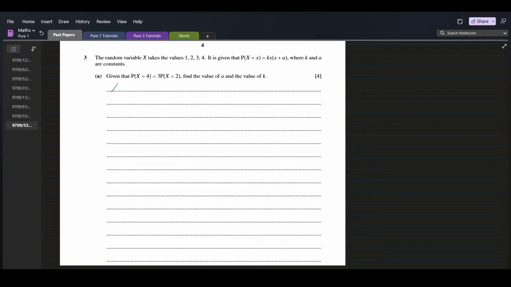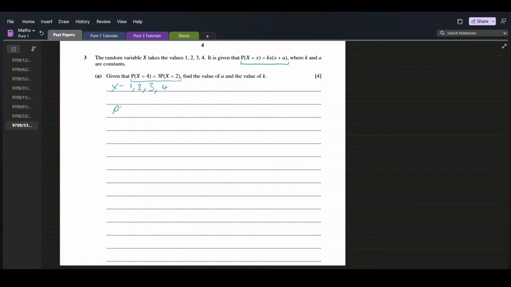We're given that we have a random variable X that takes on the values 1, 2, 3, 4. And we're given that the probability that X is equal to x is kx times x plus a, and then we're also given that the probability that X is equal to 4 is equal to 3 times the probability that X is equal to 2.